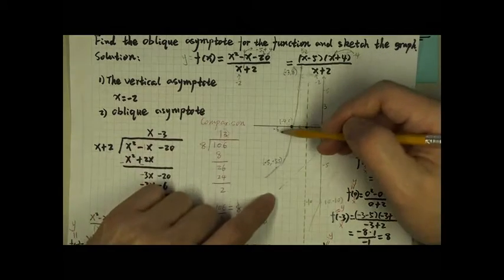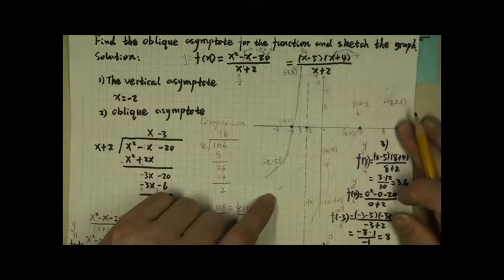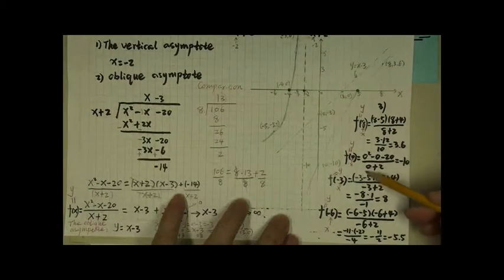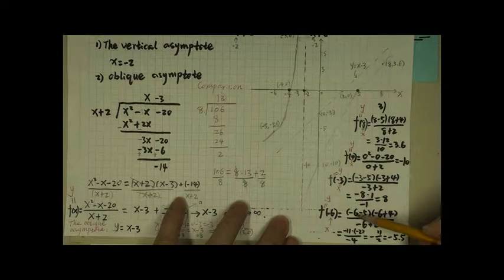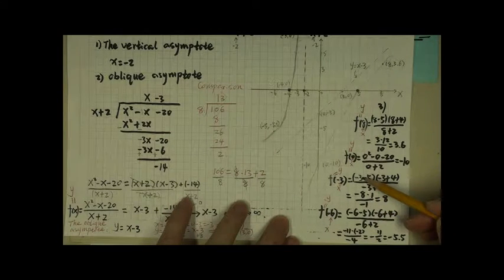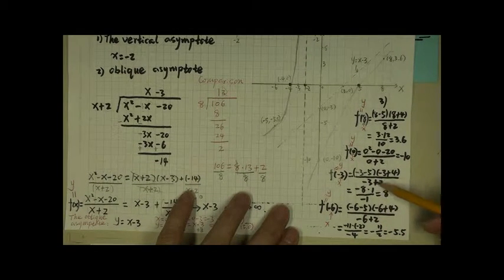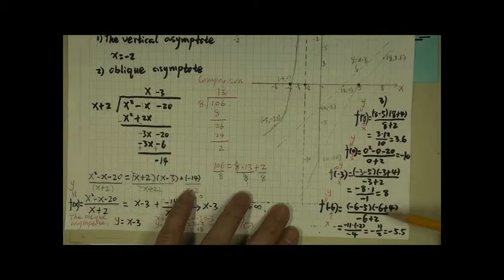Let's pick negative 6 to calculate. It's the same as what we did here; negative 6 is like negative 3 here. Negative 6 minus 5, negative 6 plus 4, and here negative 6 plus 2 is like negative 3 plus 2. So downstairs you have negative 6 plus 2, which is negative 4.